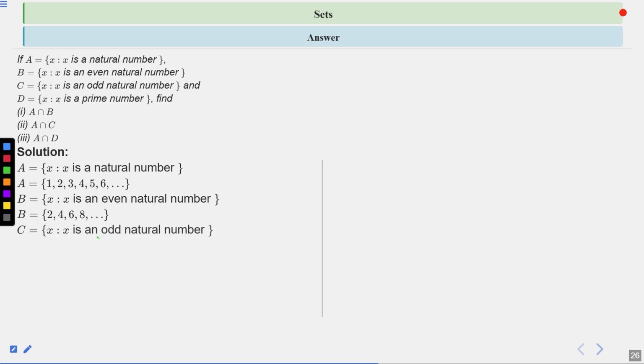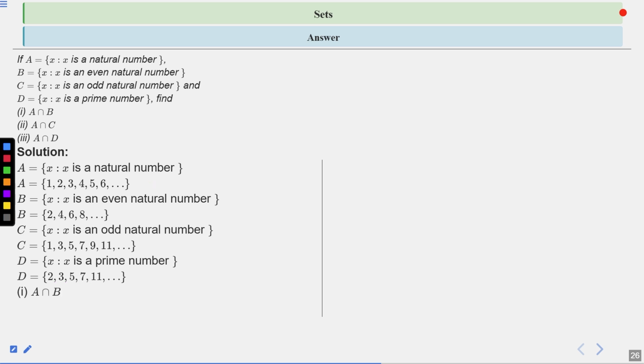C is the collection of all odd natural numbers: 1, 3, 5, 7, 9, 11. And set D is the collection of all prime numbers: 2, 3, 5, 7, 11 and so on. Clear? All these sets are infinite sets.